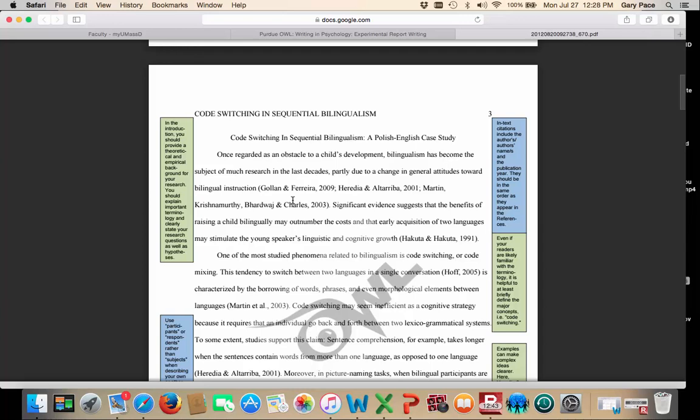Then you're going to get into the particular interventions. So some of the interventions that have been used to address this particular target behavior are X, Y, and Z. Now remember, you're tying everything together. One of the things that I am looking most for in the introduction is that things are tied together, so that you don't just have a bunch of studies over here and a bunch of studies over there, and it's not clear why you included all those studies.